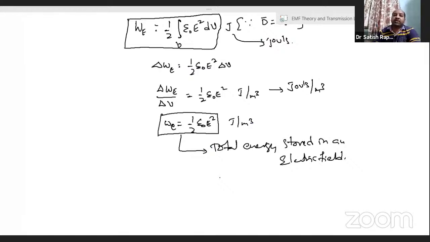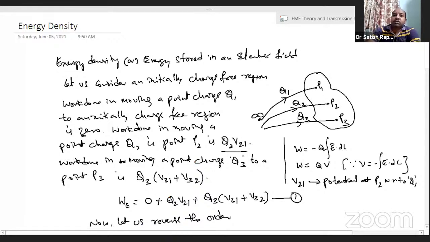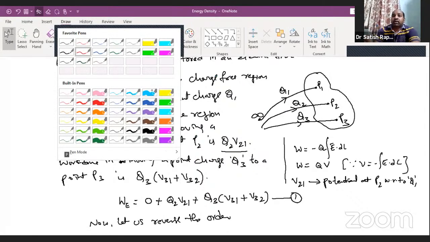So this is how we can calculate energy stored in an electrostatic field. Let me explain once again, because this is a very important topic: energy density or energy stored in an electric field.